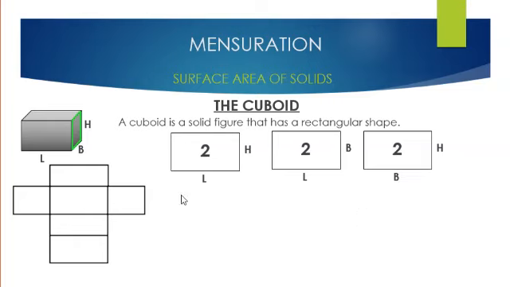Now, think about it. If we add the number of faces, we get 6. So there are 2 of this rectangle and another 2 and another 2. So it gives us all the total 6 surfaces. Our first one is for our front and back. Then our next one with L and B is for the top and bottom.